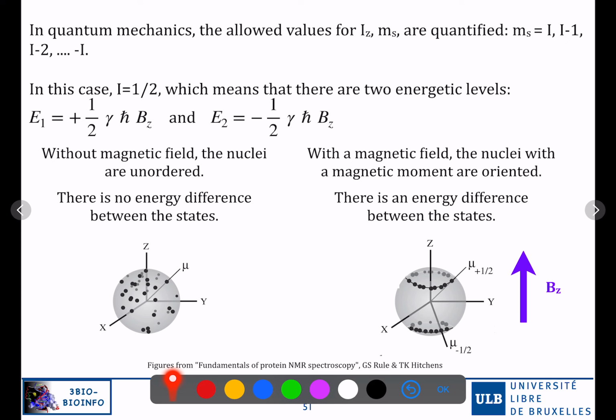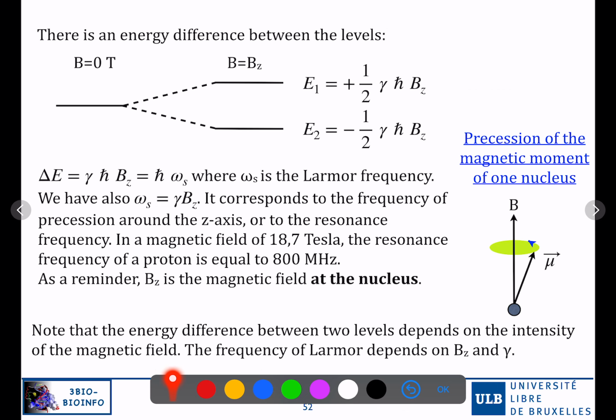But what is important to keep in mind is that there is no coherence in the precession of these different magnetic moments. So it's a little bit random for each magnetic moment. Okay?